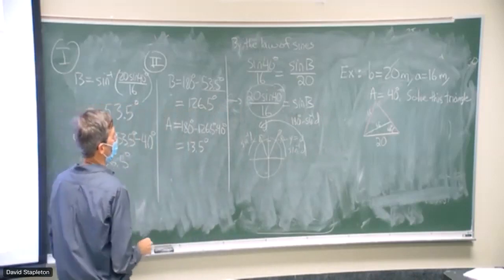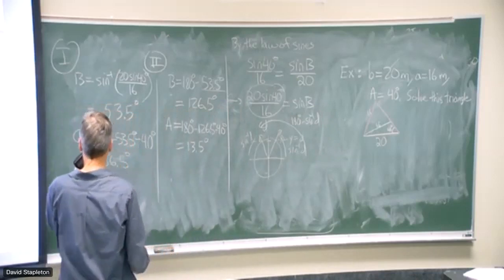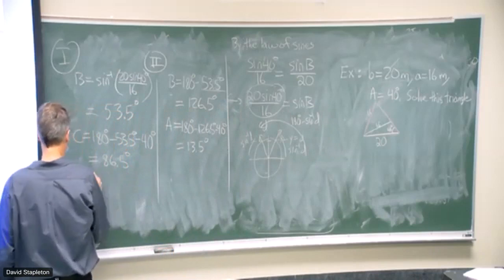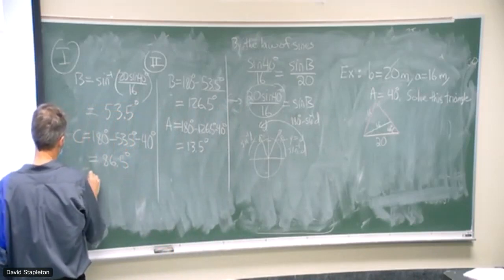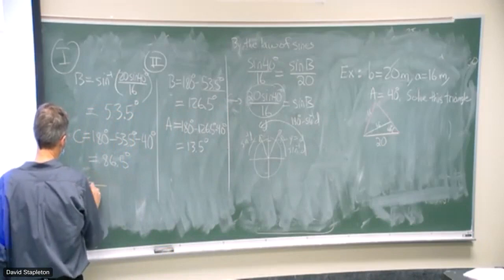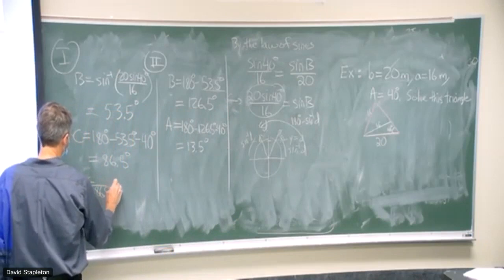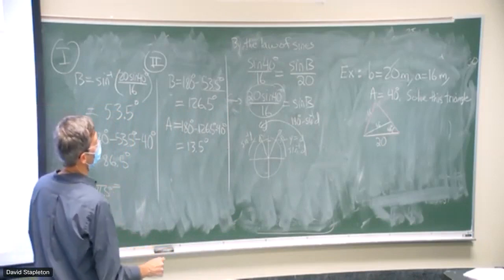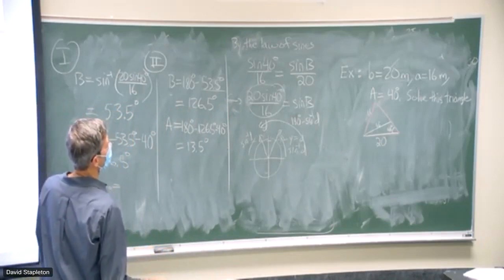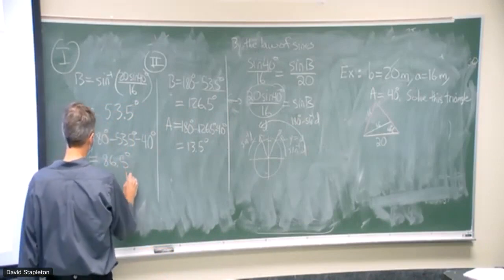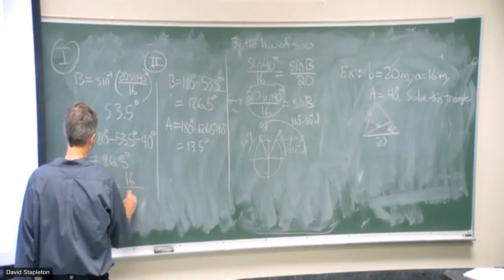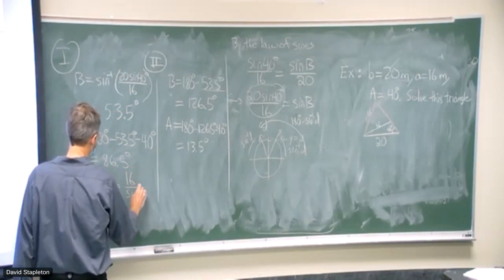I just need to find the last side, which is side c. Side c that I need is to sine 86.5 degrees, its opposite angle, as, going back to the original numbers, 16 meters is to sine 40 degrees, side a.